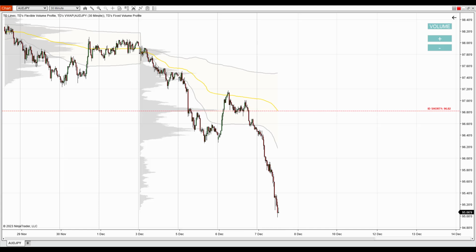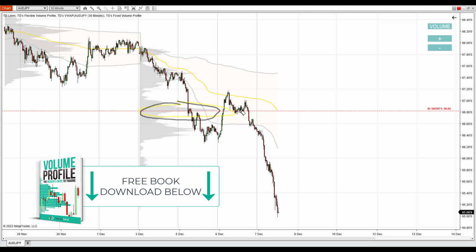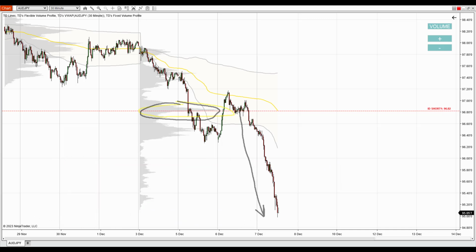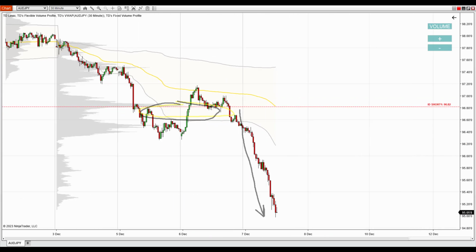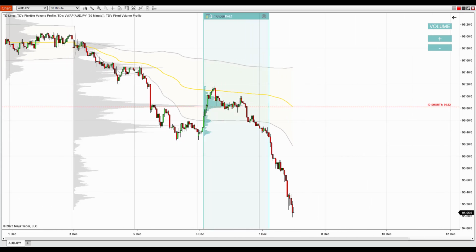So what we have here is the weekly point of control, and from there a sharp sell-off. This is telling us that sellers were accumulating their shorts in this zone, in this weekly point of control zone, mostly in this rotation before this sell-off.